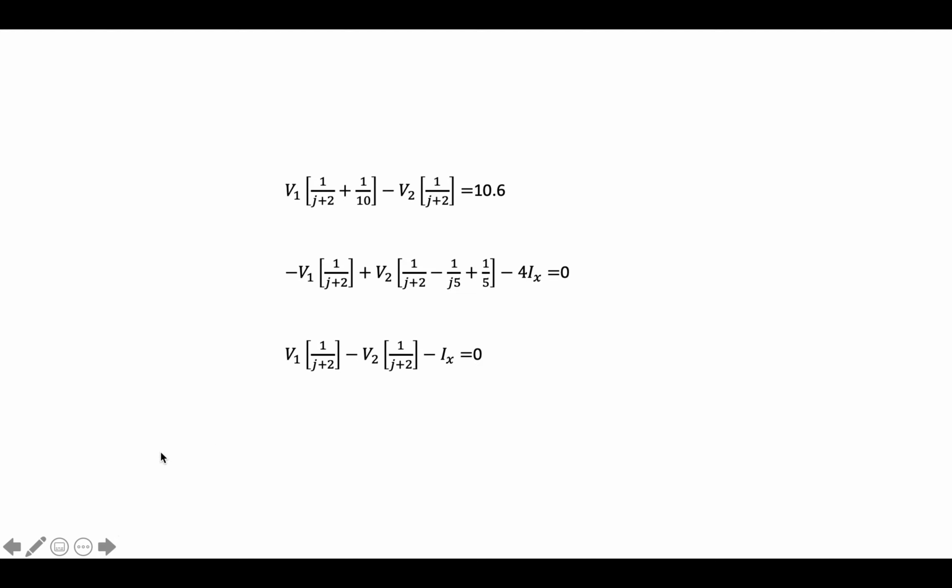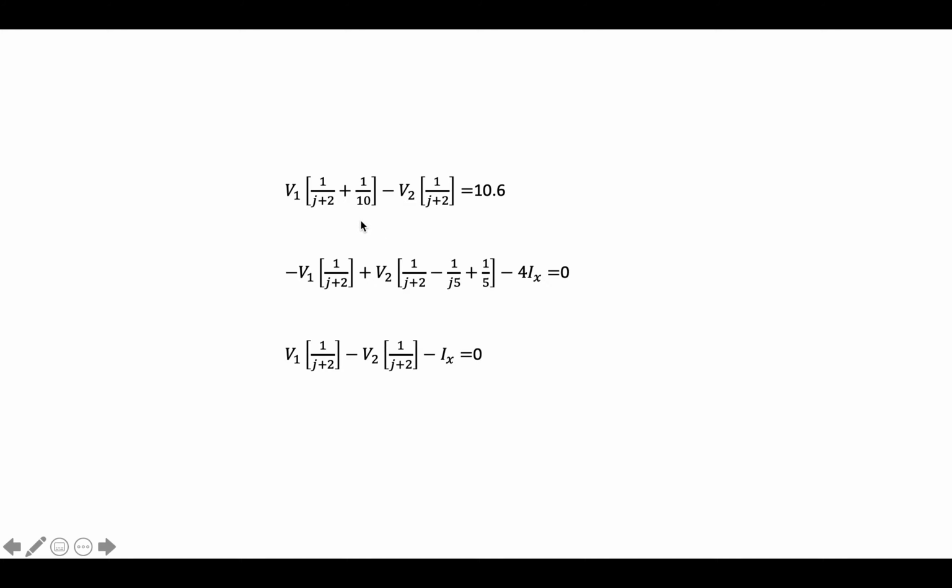Yep. So the first thing I did is I took the equations and rearranged them so that I have the V1s and V2s, collecting like terms. And then rather than doing the complex number math myself, I'm going to enter these into a matrix in MATLAB.